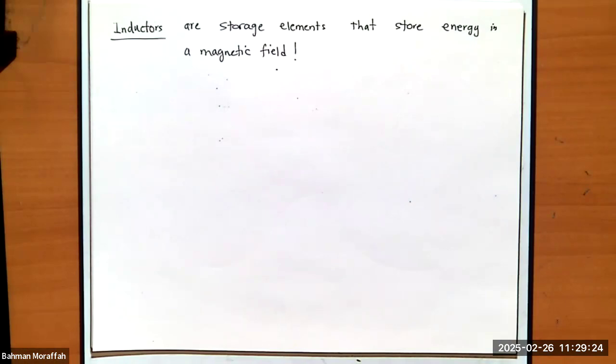Let's say we have a conductor. If we have a conductor, there is going to be some current flowing through it. If I have current flowing through a conductor, it automatically creates a magnetic field. And the value of this magnetic field is proportional to the value of the current. So let's quickly write it down.